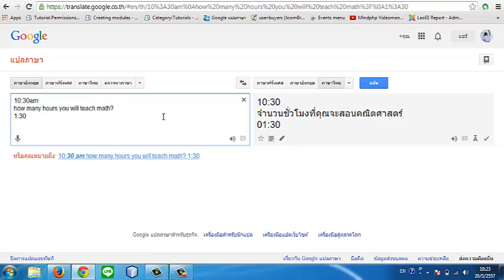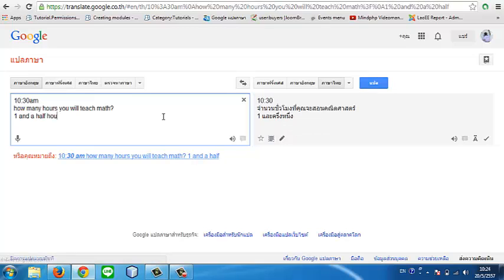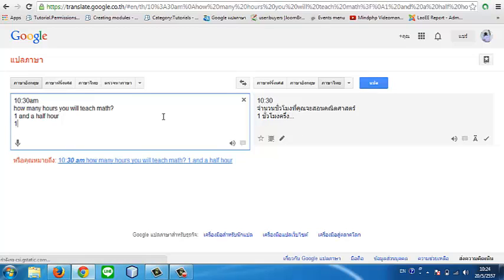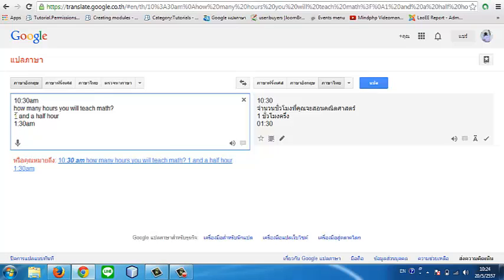We can only say it as one and a half hours. Now the difference of this one is the amount of time, and this one is for mentioning the time. This one is the amount and this one is the time.